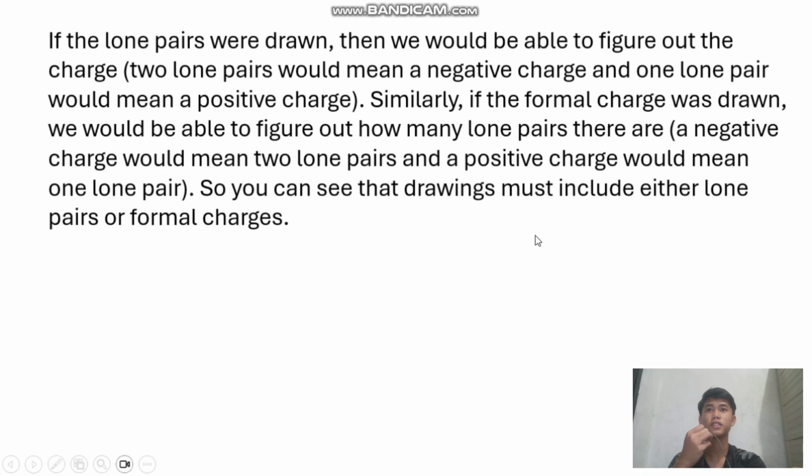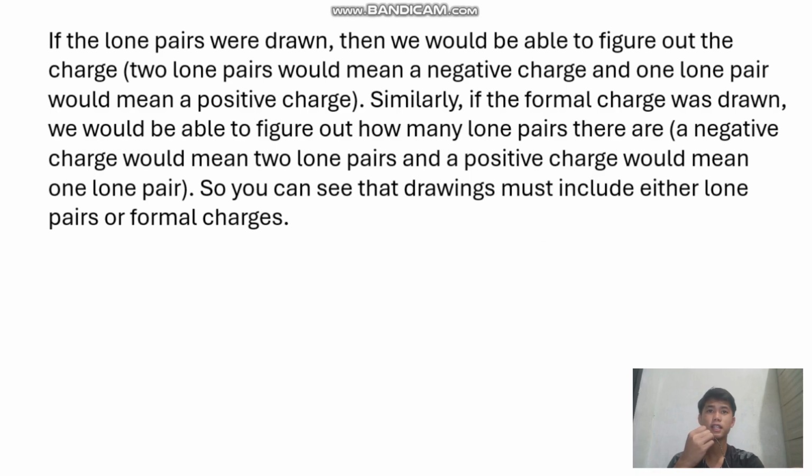If the lone pairs were drawn, then we would be able to figure out the charge. Two lone pairs would mean a negative charge and one lone pair would mean a positive charge. Similarly, if the formal charge was drawn, we would be able to figure out how many lone pairs are there. A negative charge would mean two lone pairs and a positive charge would mean one lone pair.